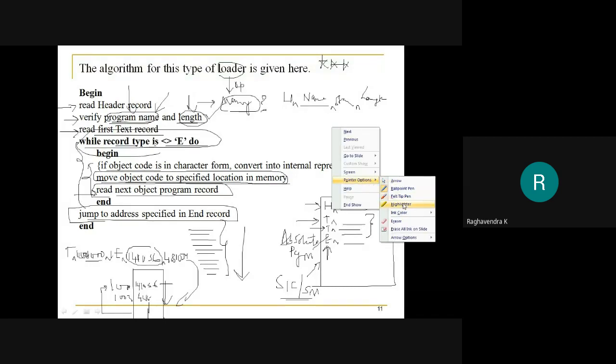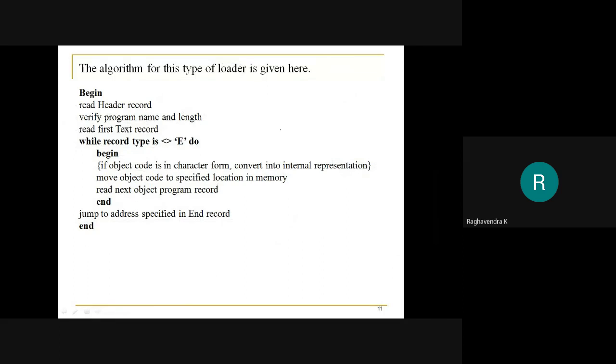So we'll read individual records, and as we do that, we will also do the following. If the object code is in character format, then we need to convert it into its internal representation. Remember, we had written our program in hexadecimal, so obviously we will have A, B, C, D and so on. These need to be converted to their binary equivalent.